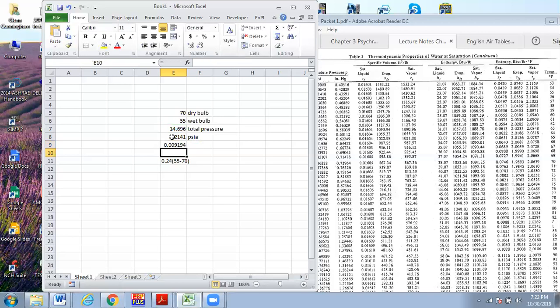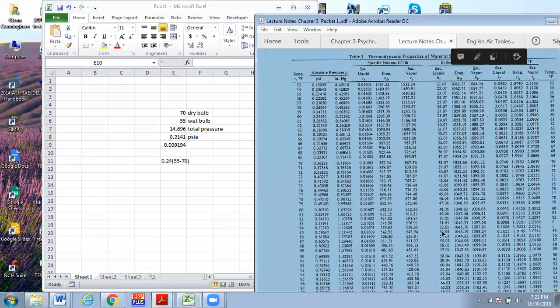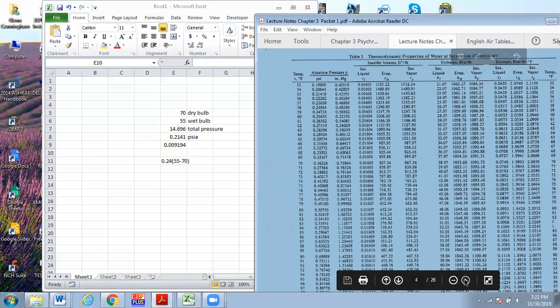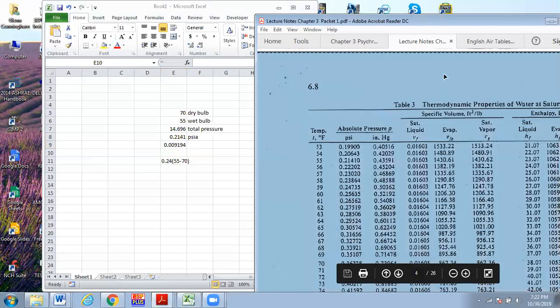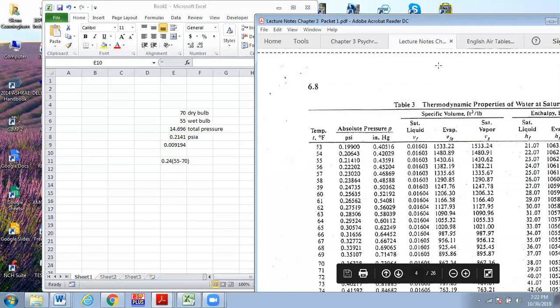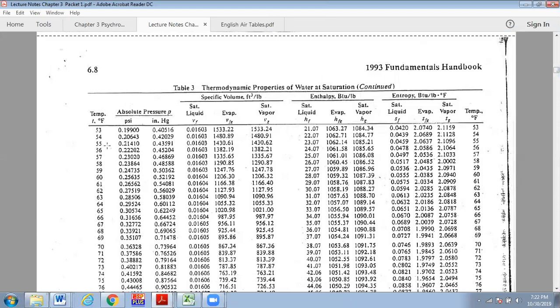Okay, so, and then we're going to need the enthalpy. Let's see. I know this is a little bit small over here. So we'll need this at 55. Okay, so it's the third one down.